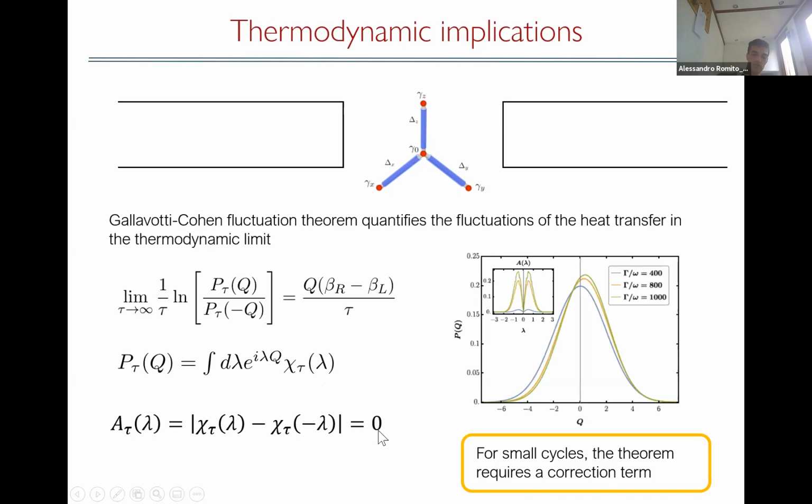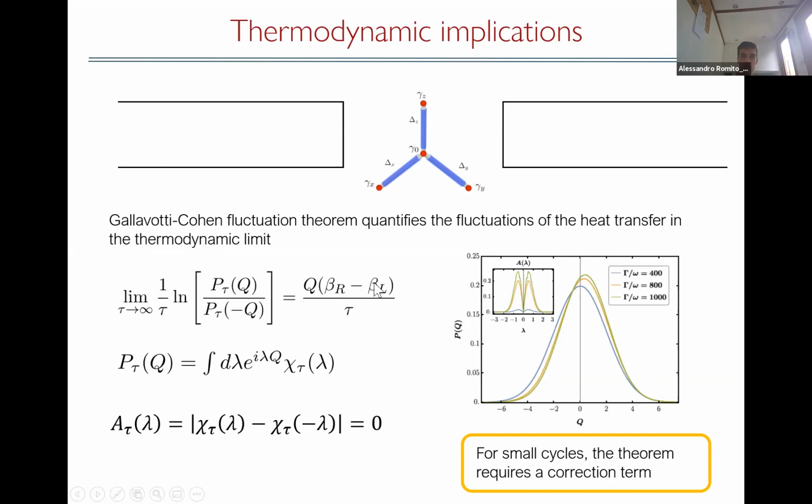Now, it is known that when you have a geometric contribution to this heat process, this has nothing to do with Majorana physics. It's more generic, it works for a simple quantum dot. You will get corrections to these fluctuation theorems, and these corrections are geometric in nature. Since we are doing an adiabatic process, we obtain exactly the same result. So you can see here that this probability distribution is asymmetric.